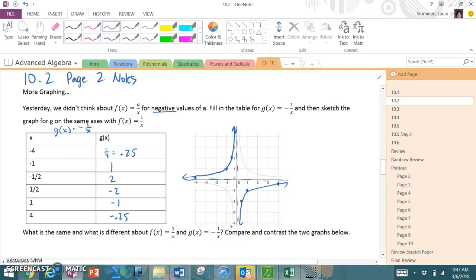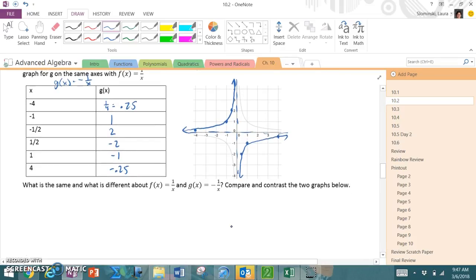So when we had a negative x, a negative 1 over x, we can see that we flipped it into quadrants 2 and 4. So what's the same and what's different about 1 over x and negative 1 over x?